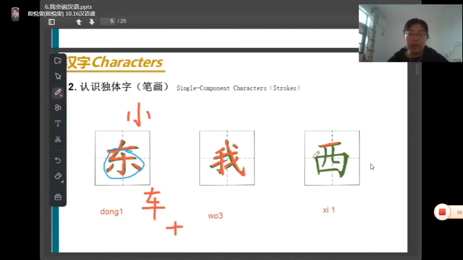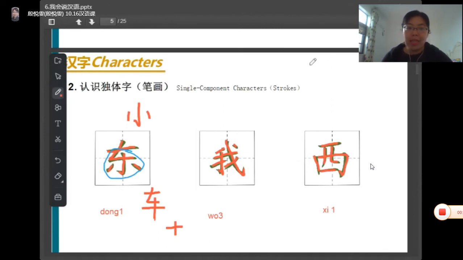横，竖，横折钩，撇，竖折，横. 钱 is not one of today's new words, but if you want to see, I can write it to you.